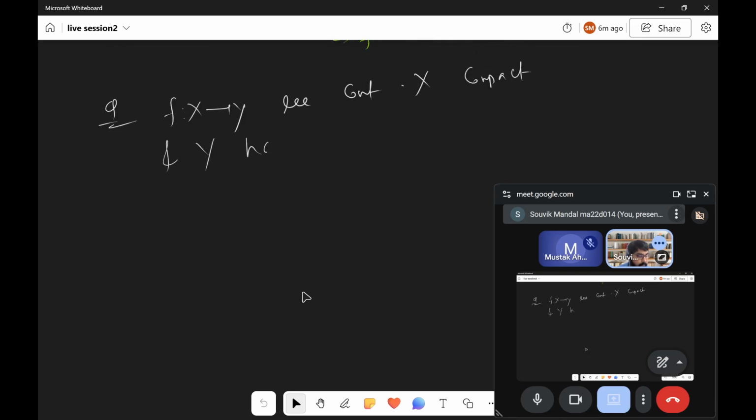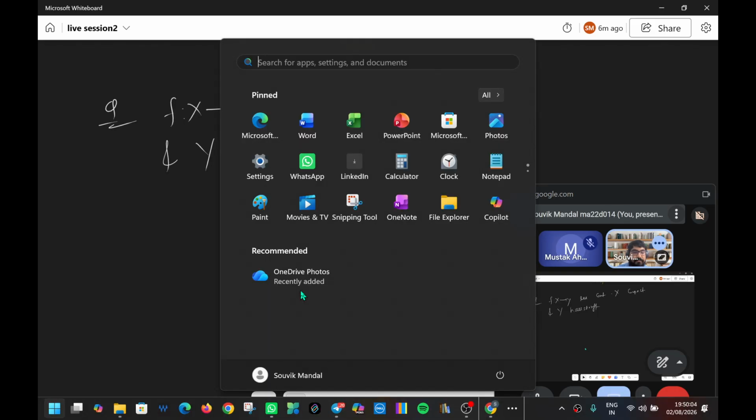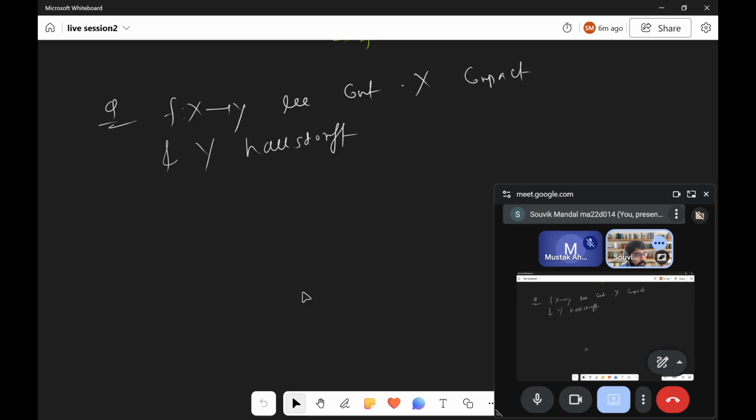The next problem is that, suppose f from X to Y is continuous, X is compact, and Y is Hausdorff, then show that f is closed.